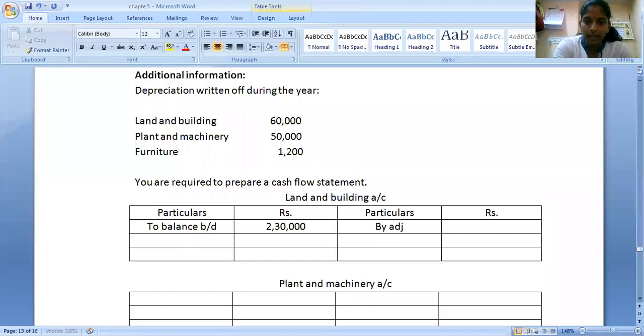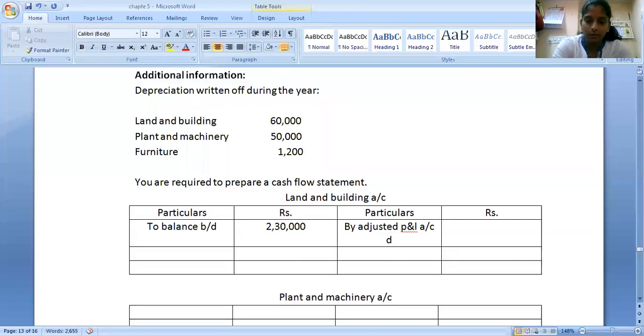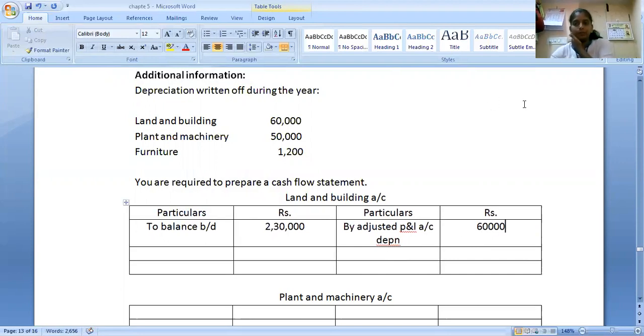Okay. And there is depreciation, adjusted by the P&L account. So which is nothing but the depreciation. You can state it as depreciation, or you can write it as adjusted P&L account. No issues in that. Make it 60,000 as the value. Clear?